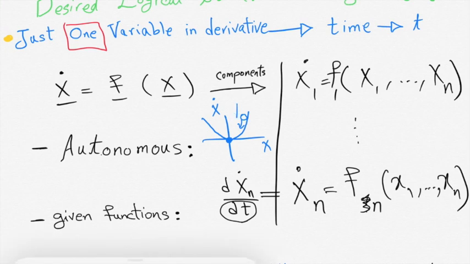Therefore, there are things that we call vector fields in this space, for any of the states of this system. We call any of them one of the states of the system.